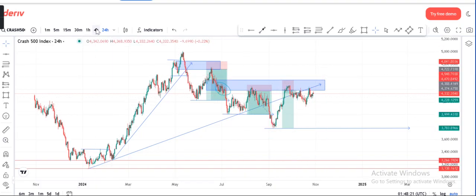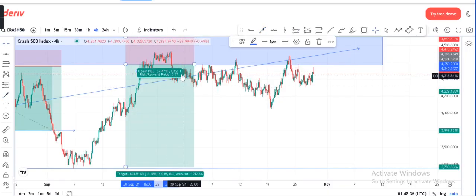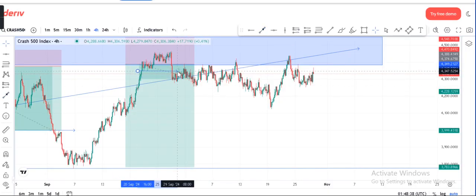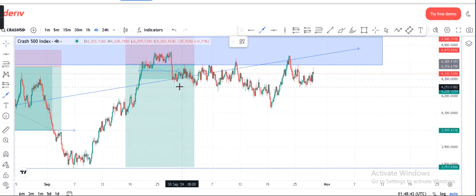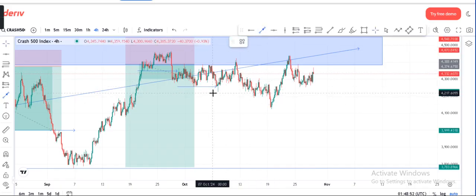So all we would simply do is go down to the smaller time frame and pick the market structure. The first structure we saw is the market taking out this low, which is also breaking structure. Then we also have this level being taken out, and this level also being taken out.